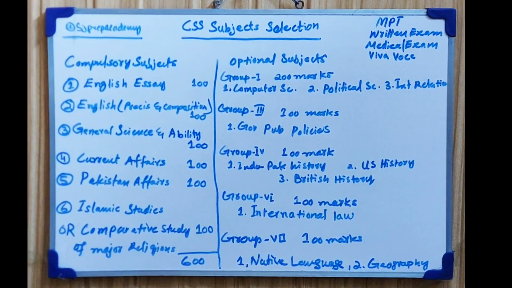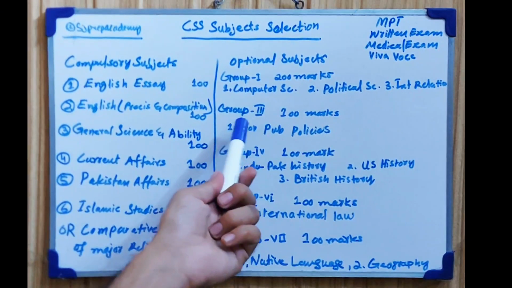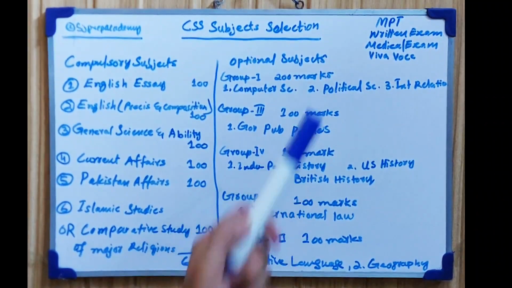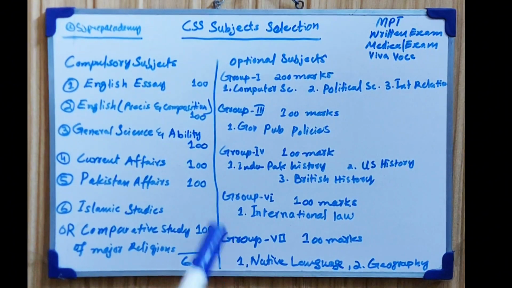Going forward, you can also opt from the group 3, 100 marks paper, that is governance and public policies. It is a relatively easy subject, and you will not face any difficulty while studying its contents. You would probably need not more than 1 week to prepare for this subject.